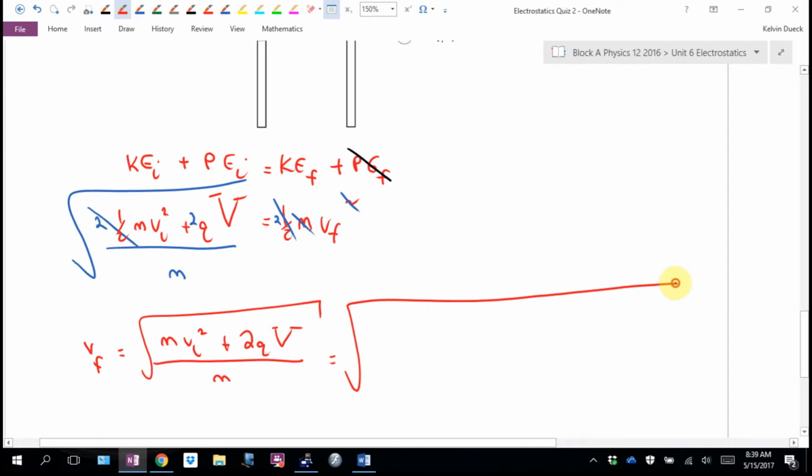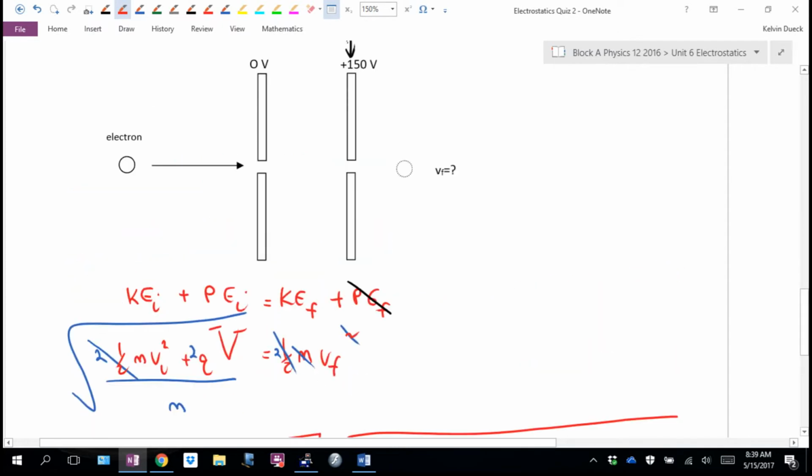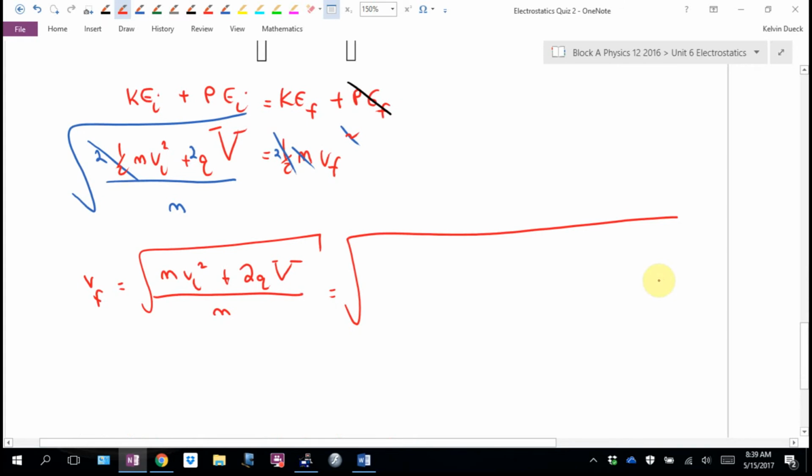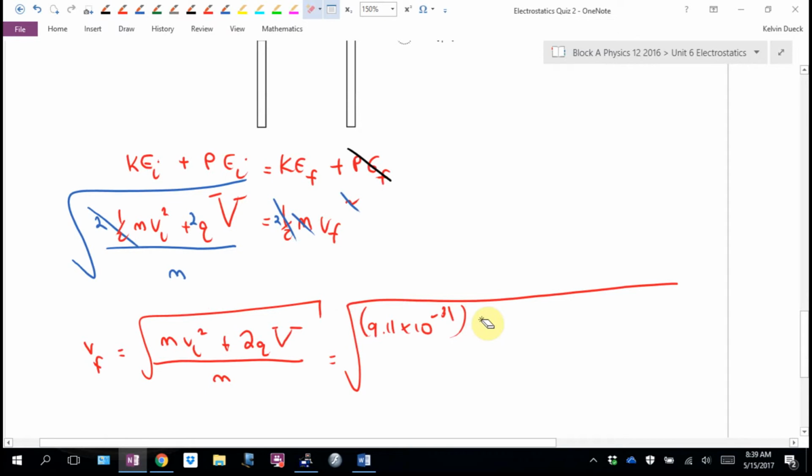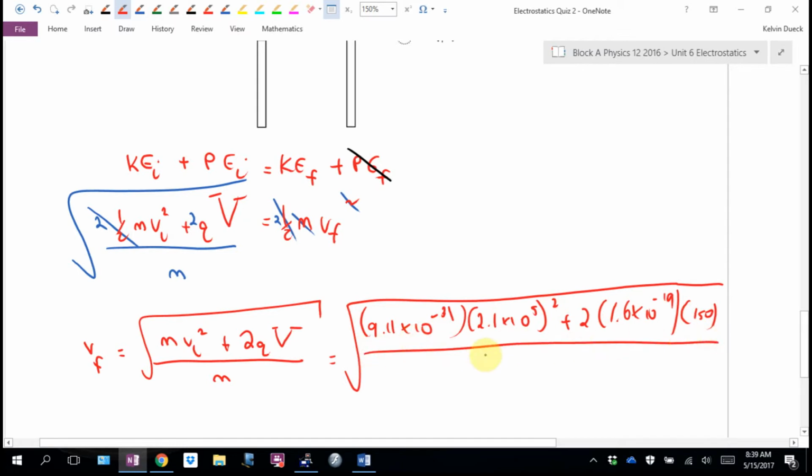So it's going to be the square root of, am I moving an electron or a proton? Electron. Mass 9.11 times 10 to the negative 31. V initial 2.1 times 10 to the 5th squared plus 1.6 times 10 to the negative 19, V, 150 volts, divided by 9.11 times 10 to the negative 31.